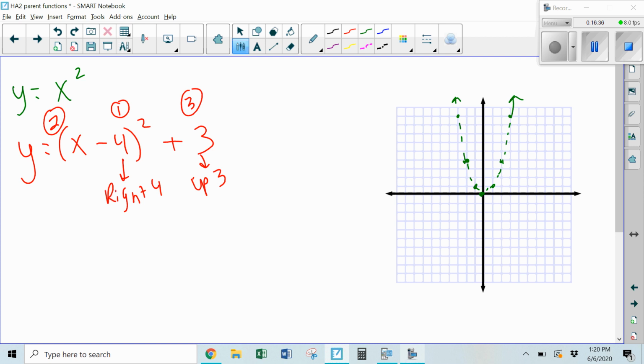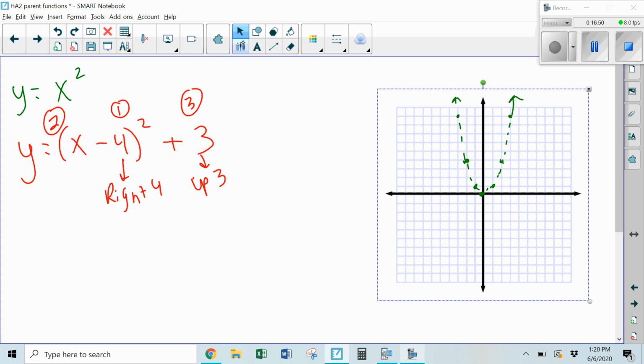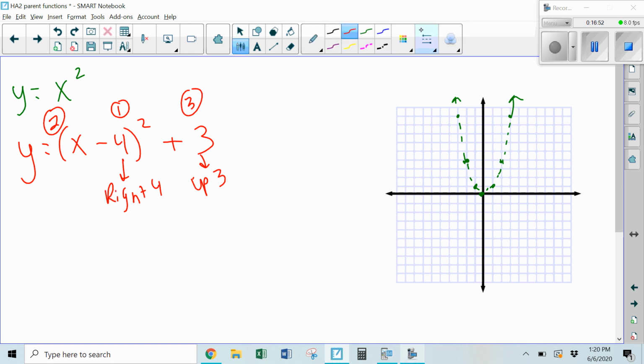So let's do this together. Let's start with this point right here, 0, 0. I'd like us to move it right 4. 1, 2, 3, 4, and up 3. Now take this next dot that was at 1, 1, move it over 4, up 3.